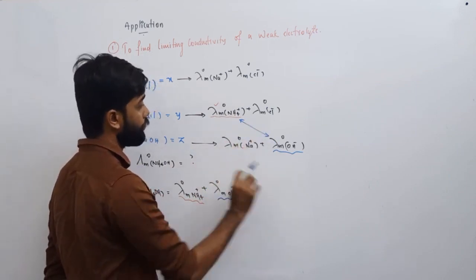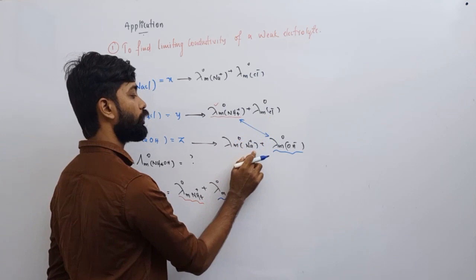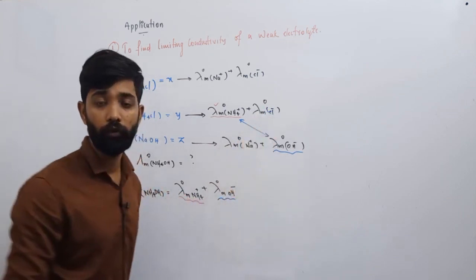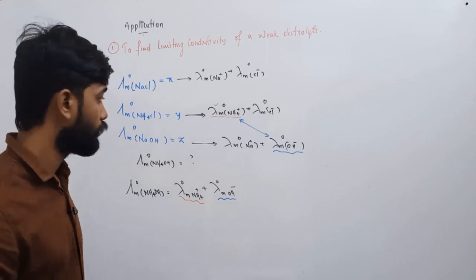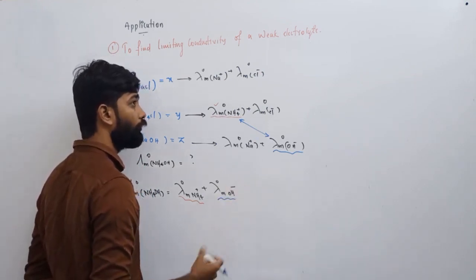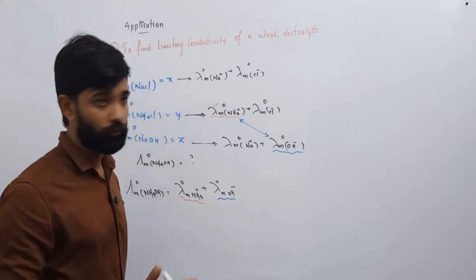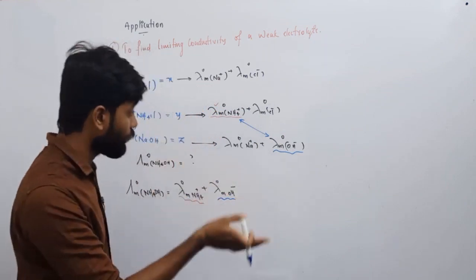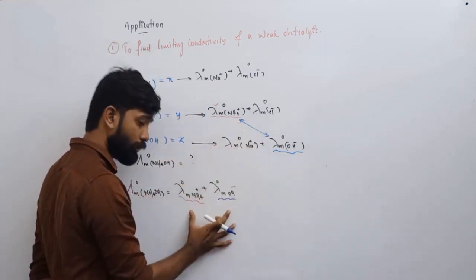indirectly, lambda M0 of Na plus and lambda M0 of Cl minus also get added, right? So we actually have no need of that. We don't want the addition of lambda M0 of Na plus and Cl minus. We simply require this addition, right?